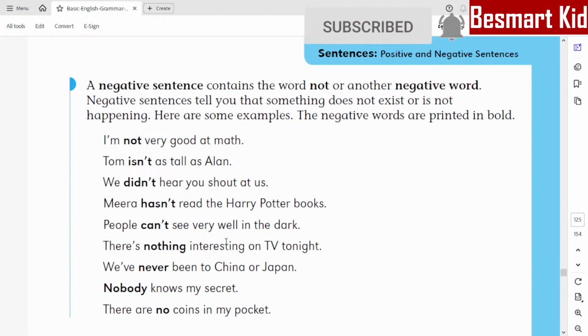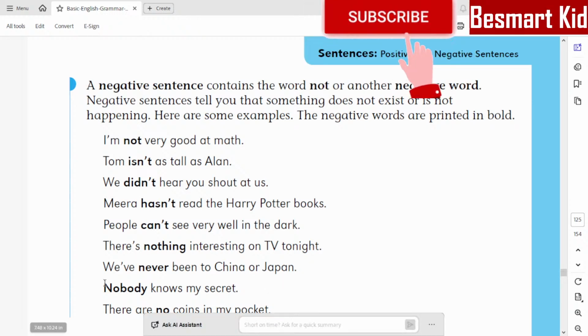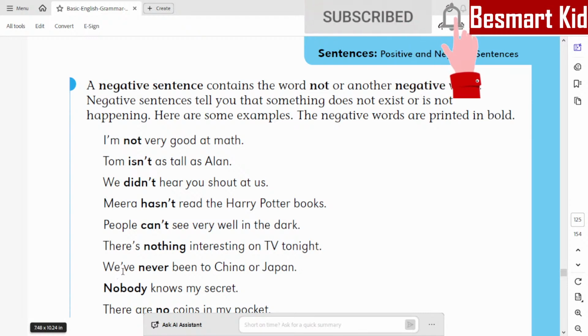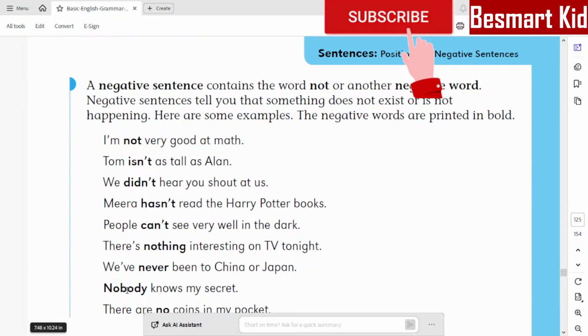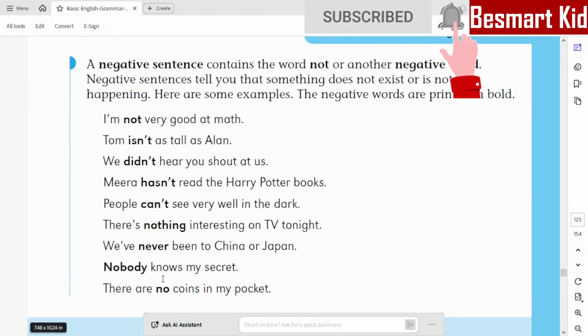There is nothing interesting on TV tonight. We've never been to China or Japan. Nobody knows my secret. There are no coins in my pocket.